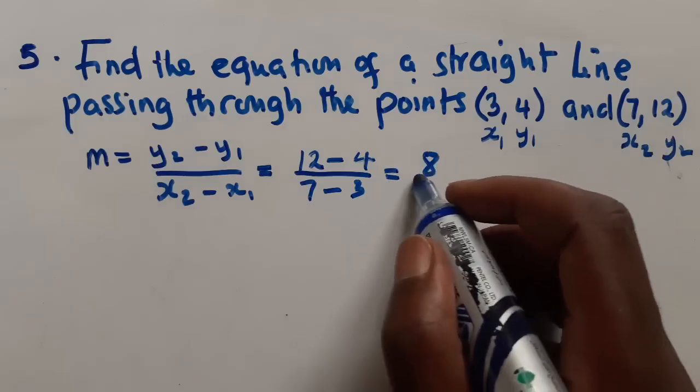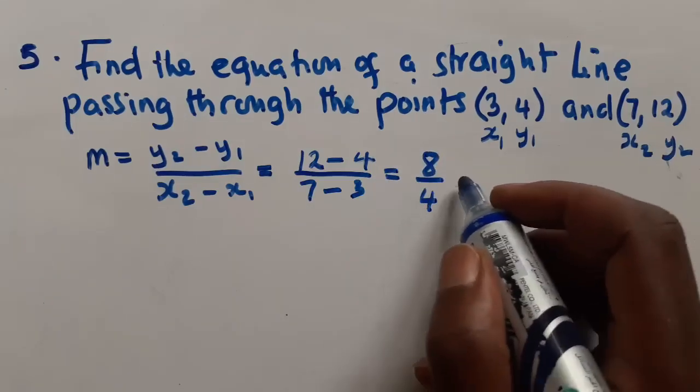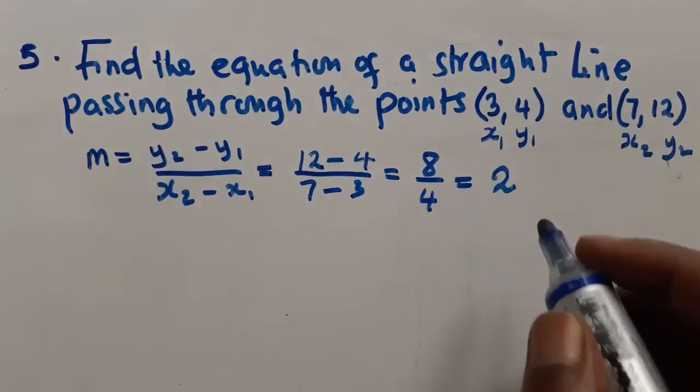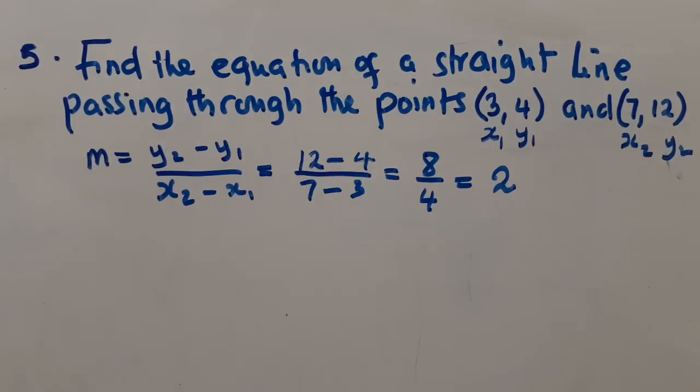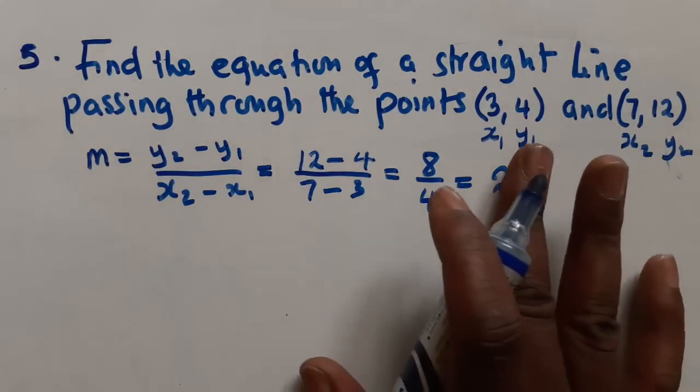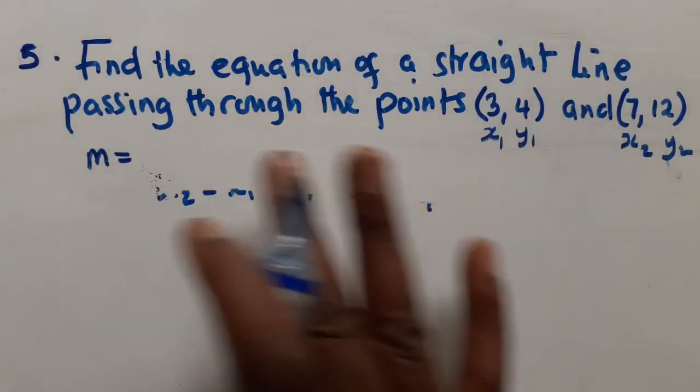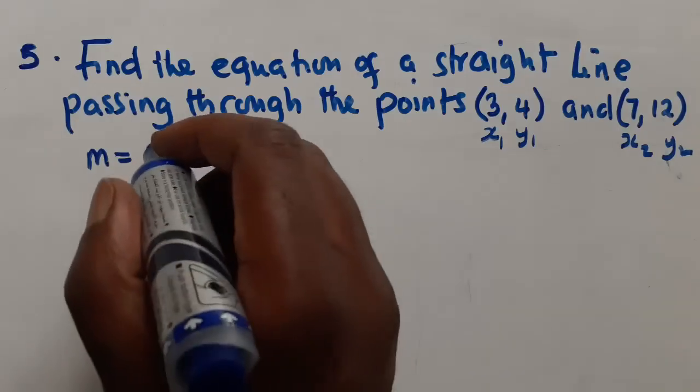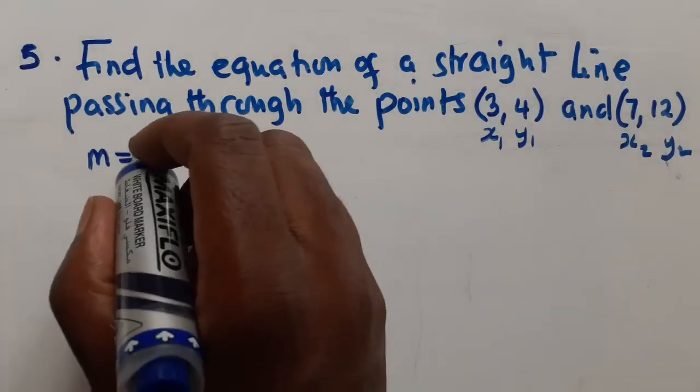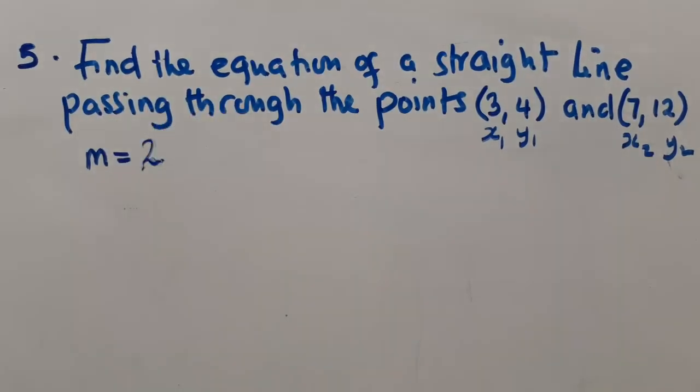We're going to get 8 over 4. Then we'll get 2. So our gradient is 2. I hope you have seen that. Our gradient is 2 here.